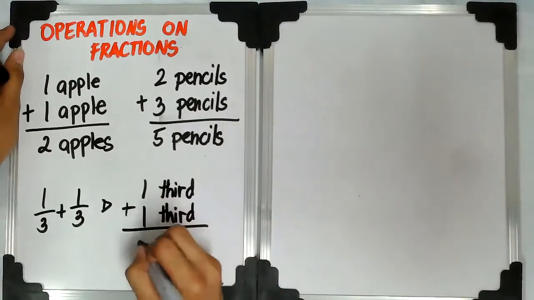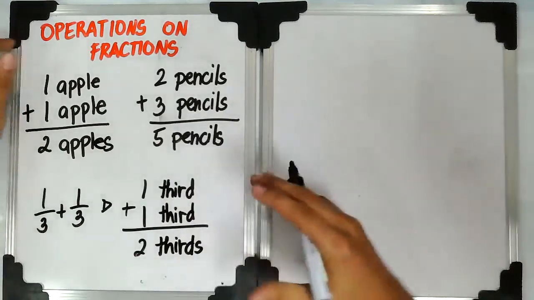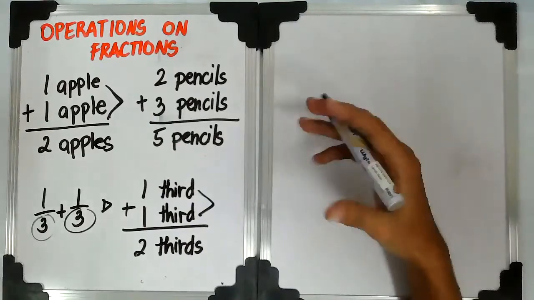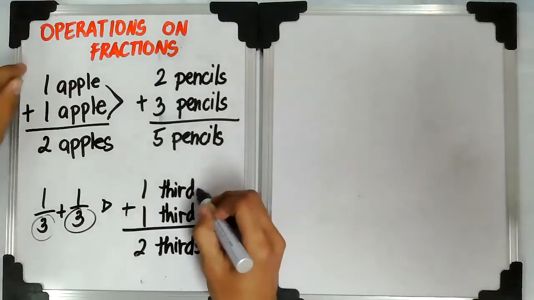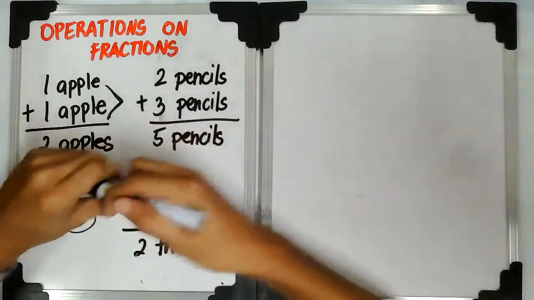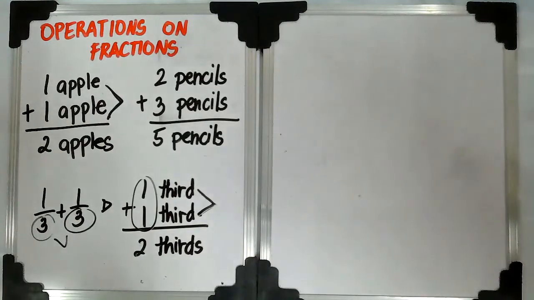So this will be equal to 2/3. All right. You just have to put S because it's in plural form. By using this concept, you can simply answer those fractions that have the same denominator, meaning to say they have the same things that you're going to add or subtract. So we're going to use this concept as an analogy to make fractions easy to understand.